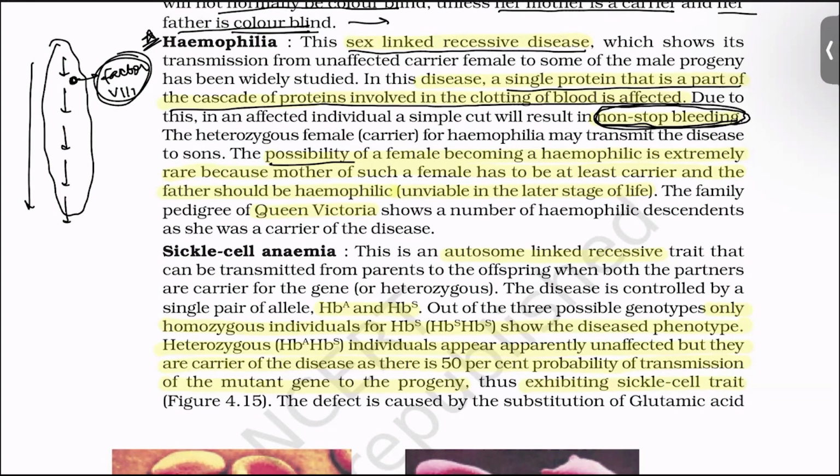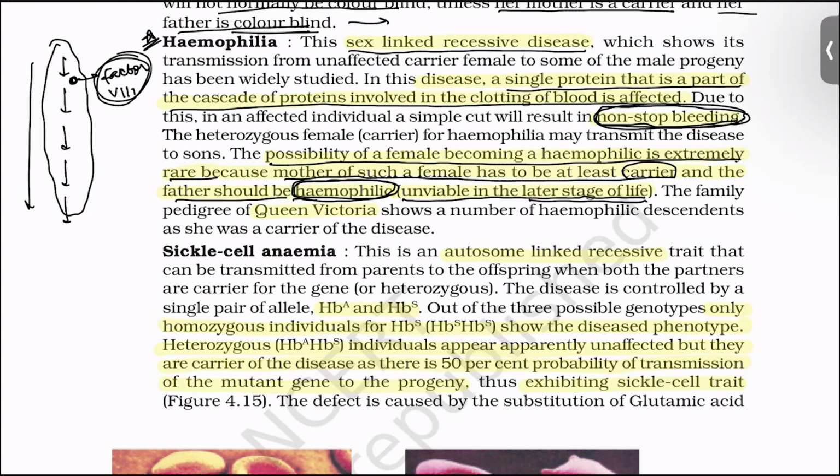The possibility of a female becoming hemophilic is extremely rare because the mother of such a female has to be a carrier and the father has to be hemophilic. And hemophilic individuals who have the expressed phenotypes of hemophilia do not live to the later stages of their life.